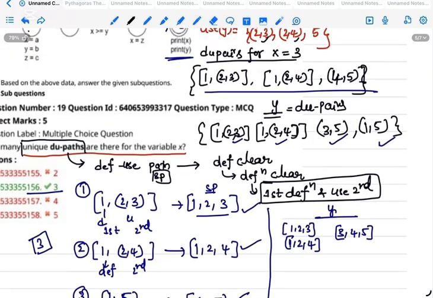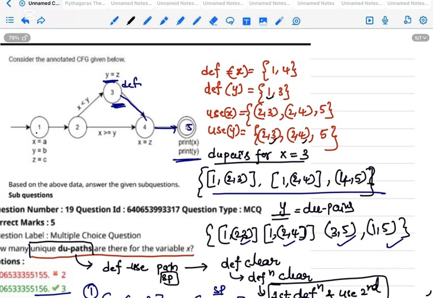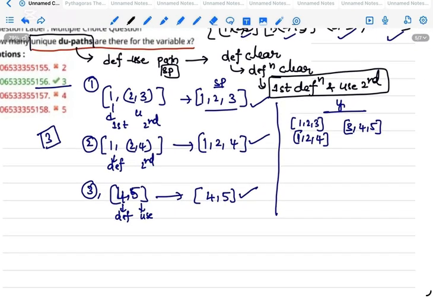And next, 1 to 5: definition first and use second, there is a path without redefinition of y. So 1, 2, 4, 5 is a valid du path for the variable y.